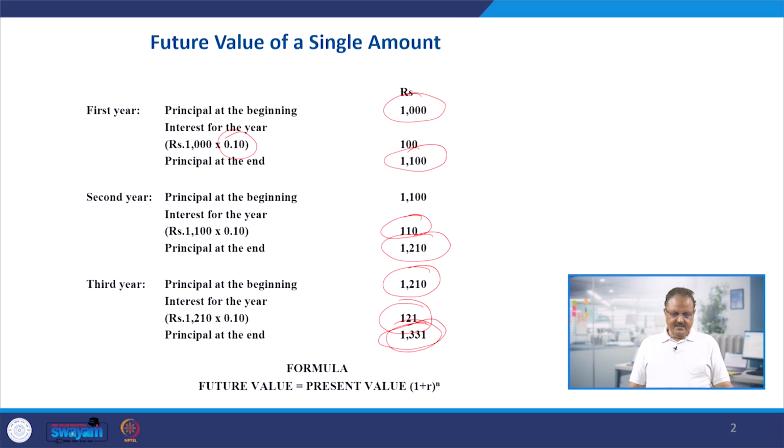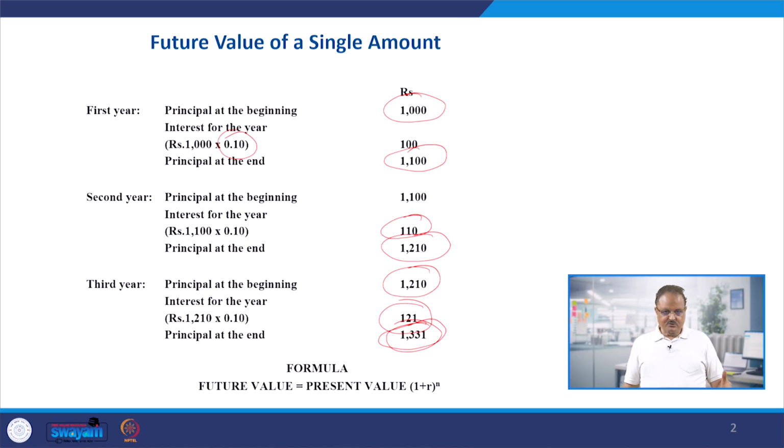But since we are calculating on the basis of compound interest, with annual compounding, whatever interest is earned is reinvested, added back into the principal amount. So this 1000 has become 1331.